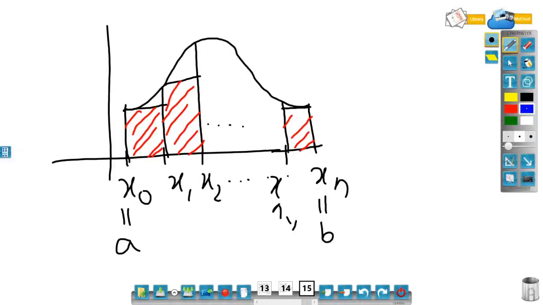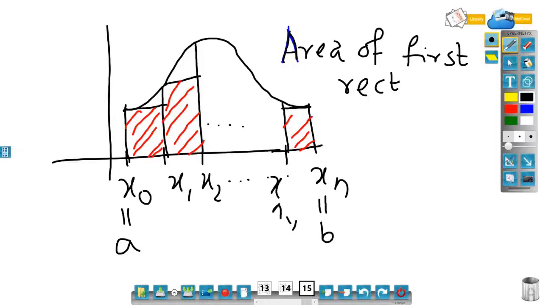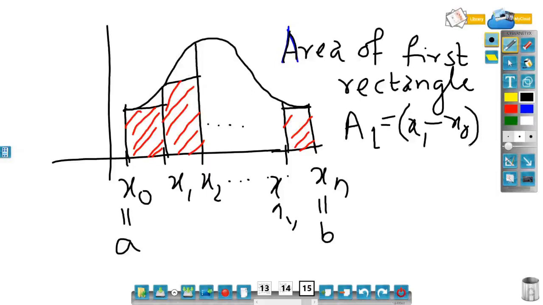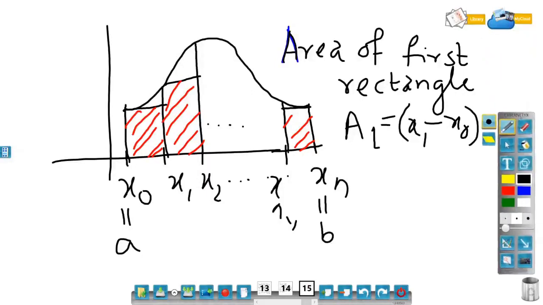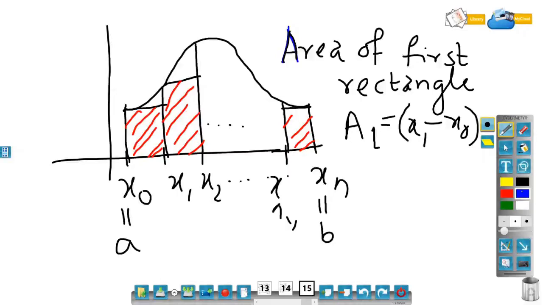So now the area of rectangle 1, the area of the first rectangle, we will call it A1, which is equal to, now you realize that the area of a rectangle is base into height. Now the base is very clear, it is x1 minus x0, times the height, which will be given by the function.